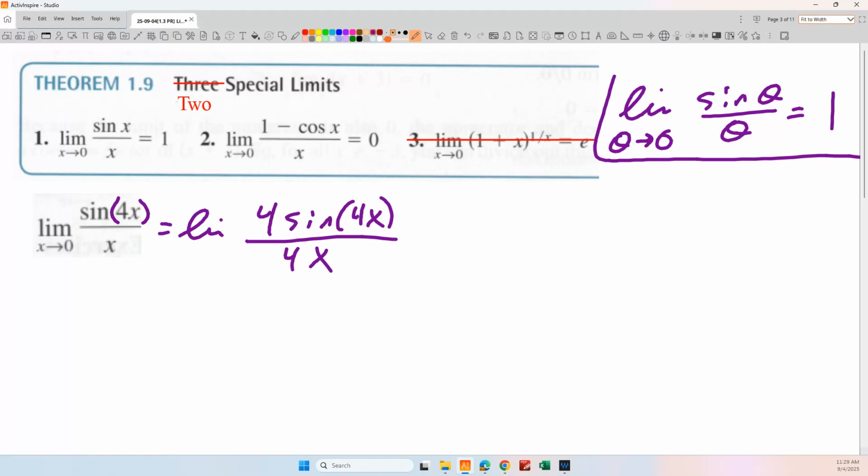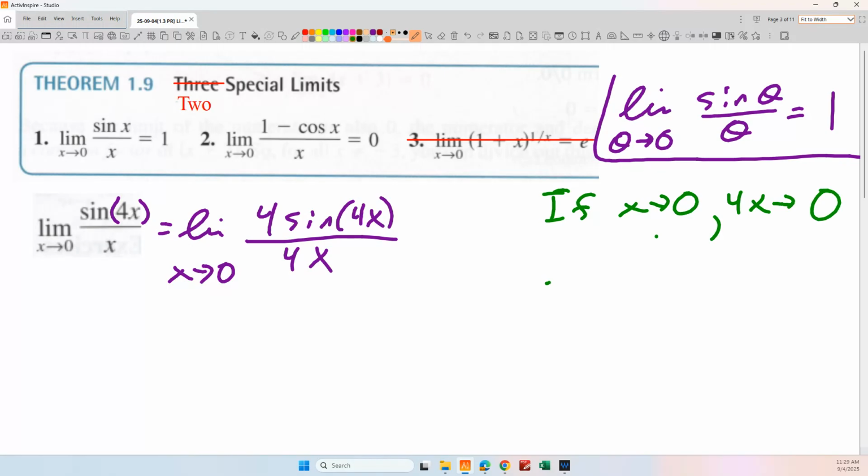Everybody agree? Okay. And how about this statement? If x approaches 0, what does 4x approach? 0, right?